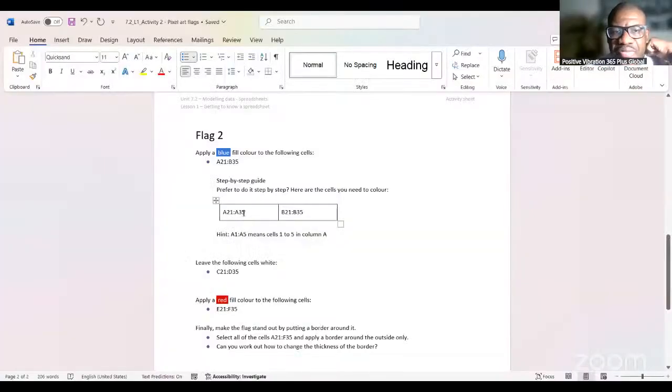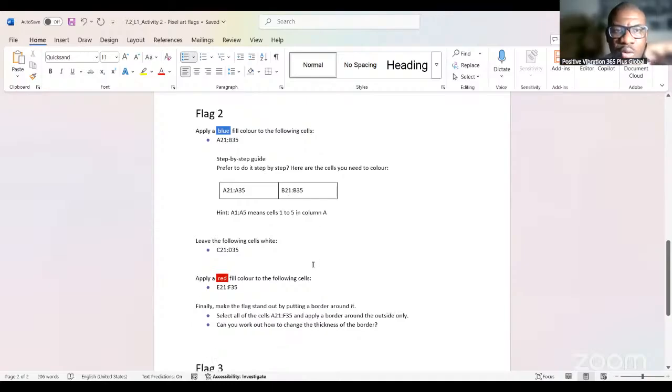All right, so let's look at it. So let's go down to it. Or maybe I wasn't clear enough. Scroll down to flag 2, guys. Right? Right. So see it here, A21 to A35, and then B21 to B35. And what color should that be?